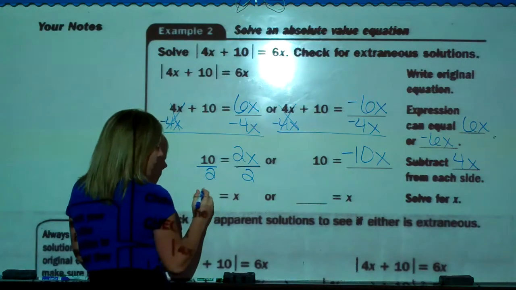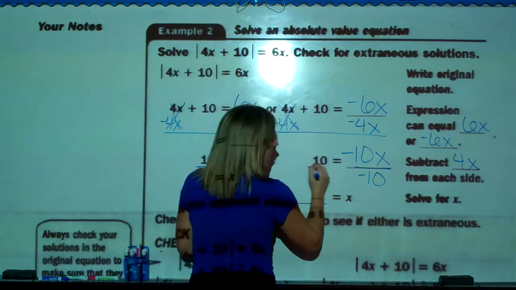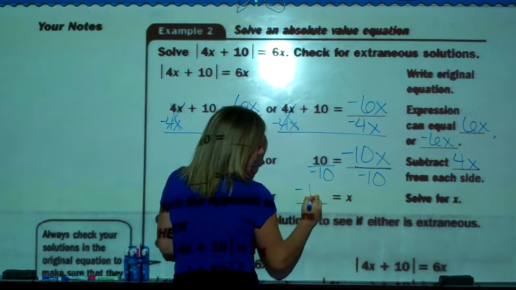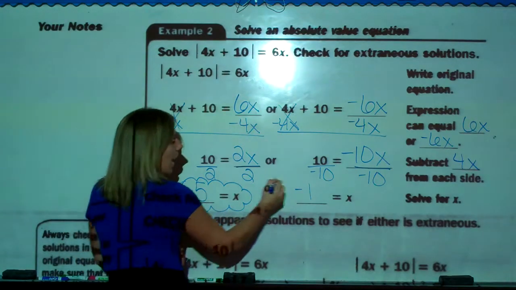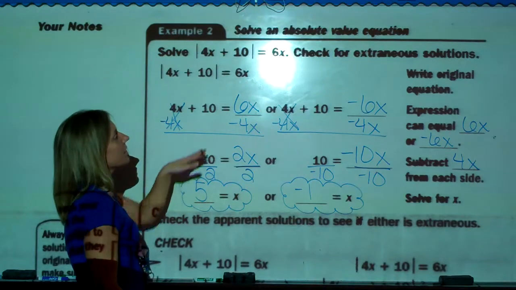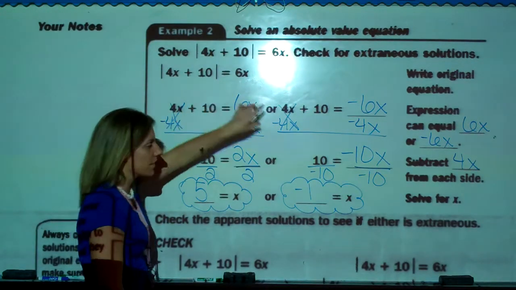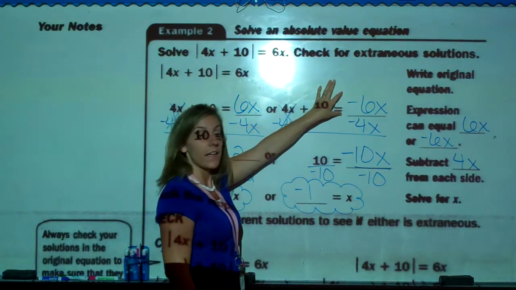So in this case, we divide by 2 and get a 5. And in this case, we divide by negative 10 and we get a negative 1, okay? So right now it looks like these are our two answers. Okay, 5 gives us the positive version, 6x, and negative 1 gives us the negative version, negative 6x.